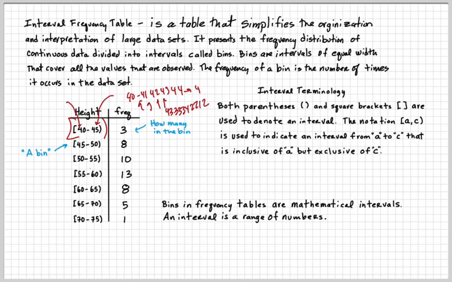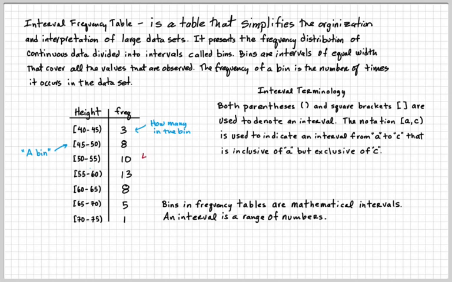All right, so let me erase these very quickly. Now, the width of the bin is also important. Some teachers will give you the width of the bin. Sometimes you need to determine it. The width of the bin here is 5. Okay? So how is that?